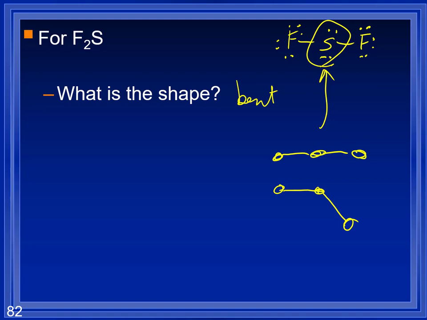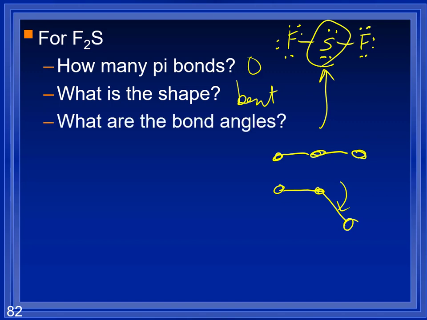Something's got to be pushing this down. That's the repulsion of a pair of electrons. Electron pairs repel. So I know that's bent. What's its bond angle? Or how many pi bonds does this have? None, they're all single. What's the bond angle? Okay, I got 4 pieces trying to get away from each other.